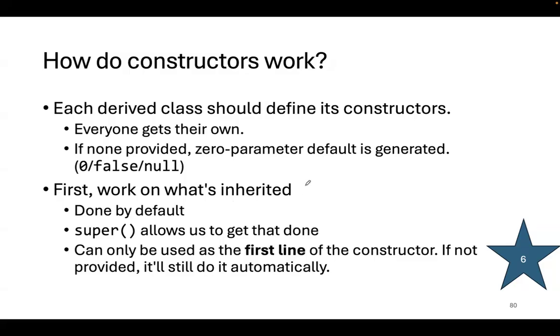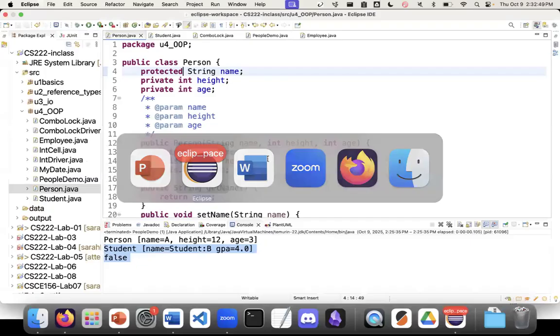And the way that the constructor works is you first work on what's inherited. So for a student, first you build the person part of it. And so the call to super helps us get that done. That's got to be used in the first line. And if you don't provide it, it'll still do it automatically.